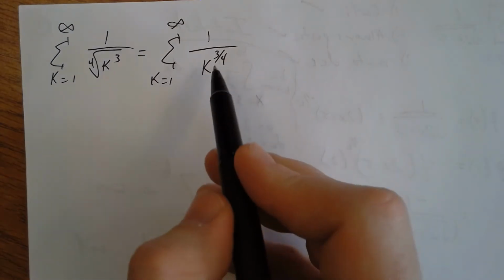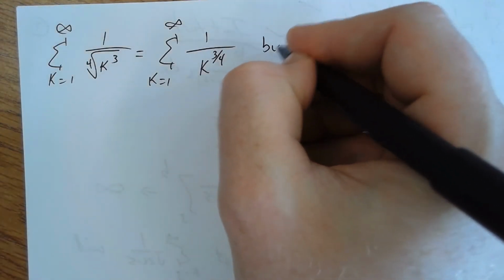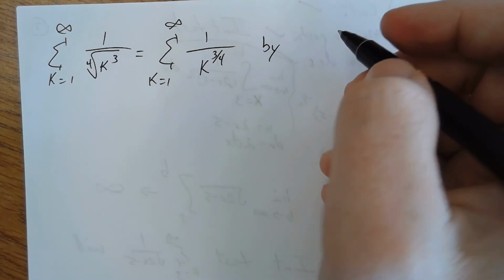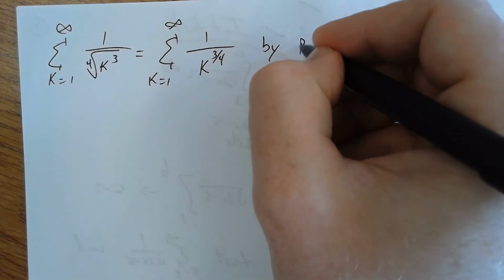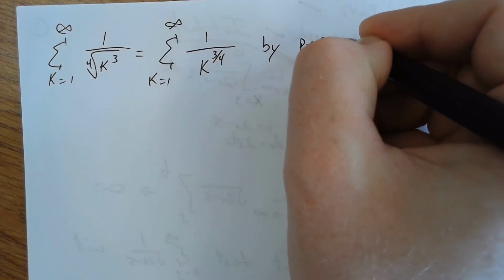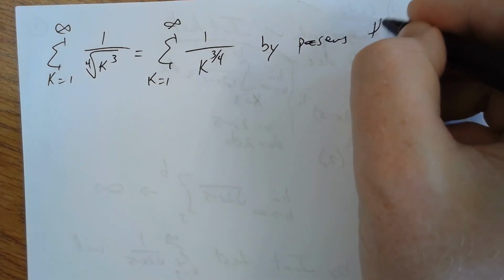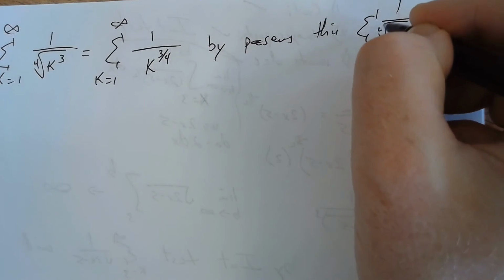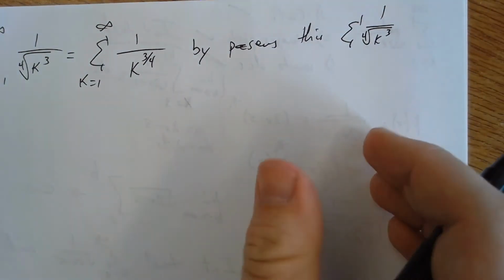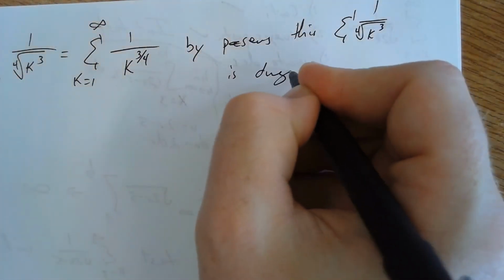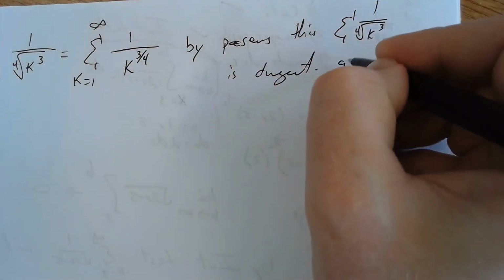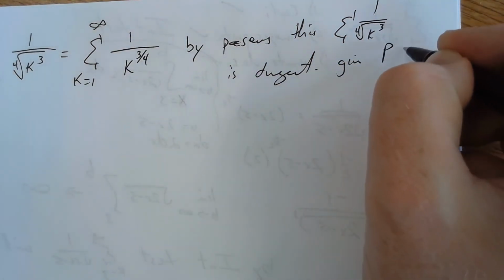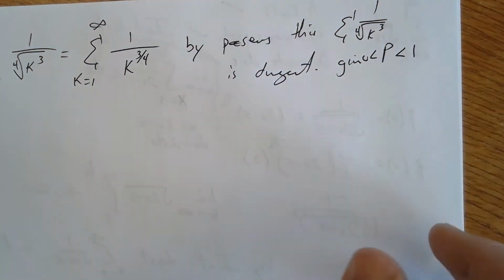This particular p-value is less than 1. So by the p-series test, this series, the series of 1 over the 4th root of k to the power of 3, is divergent, given p is less than 1 and greater than 0.